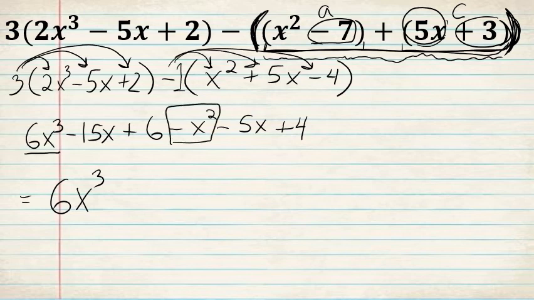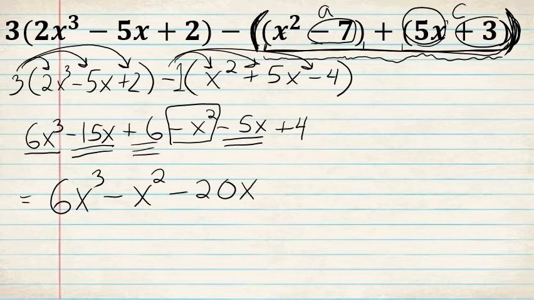I have a minus 1 x to the second. I won't write the 1. I'll simply write minus x to the second. The x to the first terms. There's a minus 15x and a minus 5x, which combine to be minus 20x. And finally, the constants, positive 6 and positive 4, have a sum of 10.